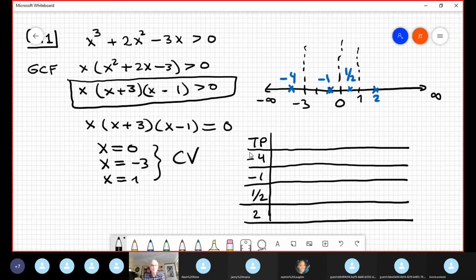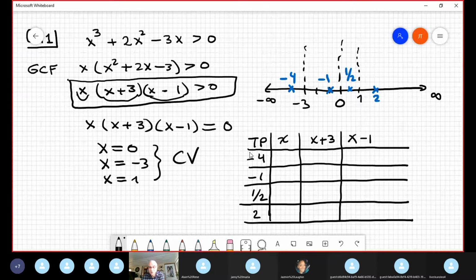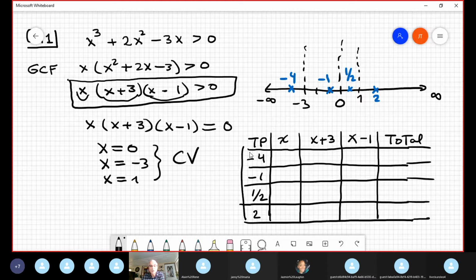And the factors involved in my problem are x, doesn't matter, the order is not important, guys. x plus 3, x minus 1. You can copy in another order and evaluate, it's the same idea, because the order is not important in the multiplication. And don't forget the total column is important. And remember, you evaluate one by one in the factors, and you discover the sign. I don't care about the value. The sign is the important information.